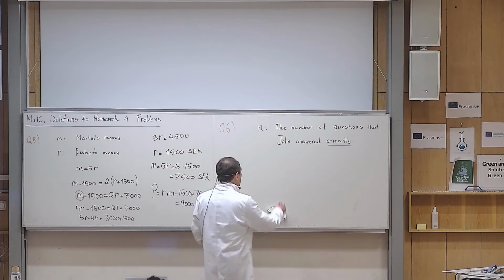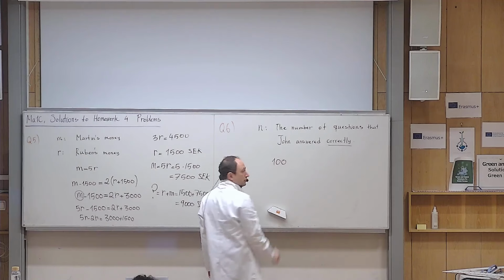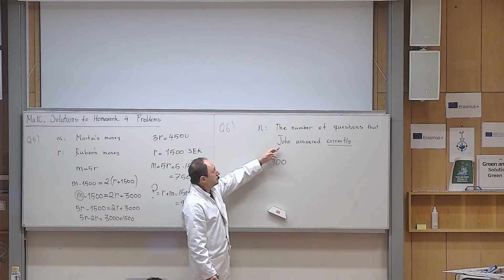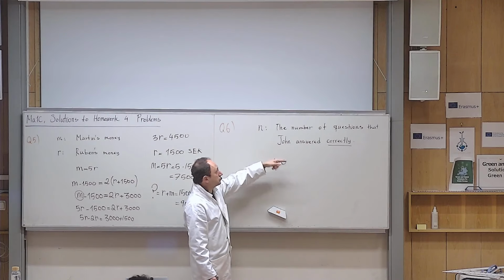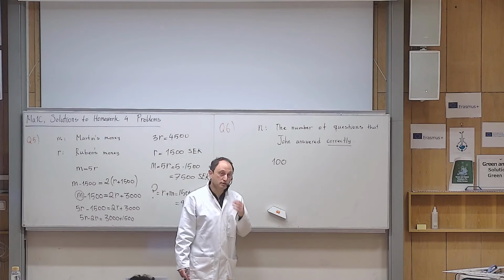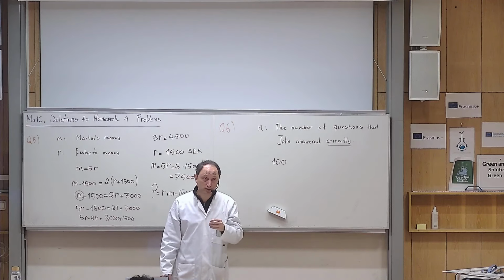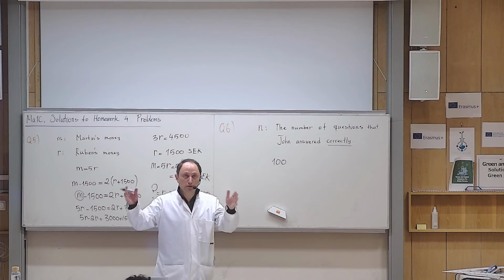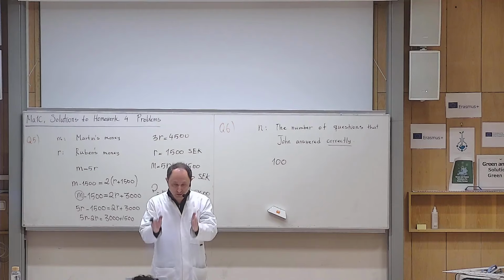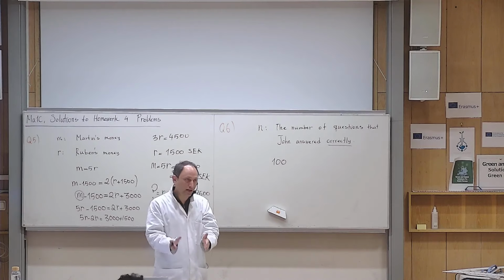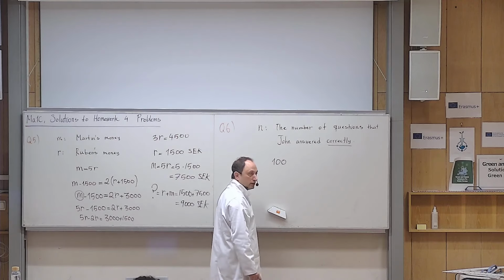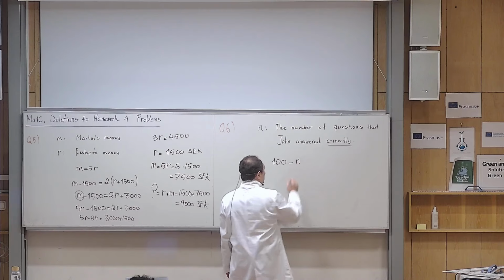You know that the total number of questions is 100, and you yourself assumed that n is the number of questions that John answered correctly. So how many questions did John answer wrongly? Not plus, minus. There are a total of 100 questions, n questions he answered correctly, so the number of questions he answered wrongly is 100 minus n.